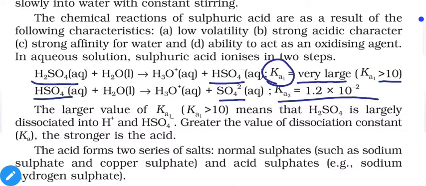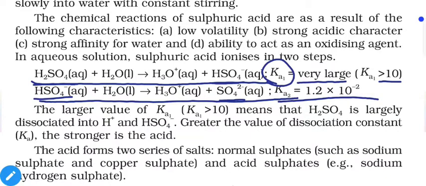So it is comparatively very low from the first reaction. It simply says the first reaction is more likely to occur than the second reaction. So a large quantity of H2SO4 will convert into HSO4 minus, and a comparatively low quantity of SO4 2 minus will be produced.